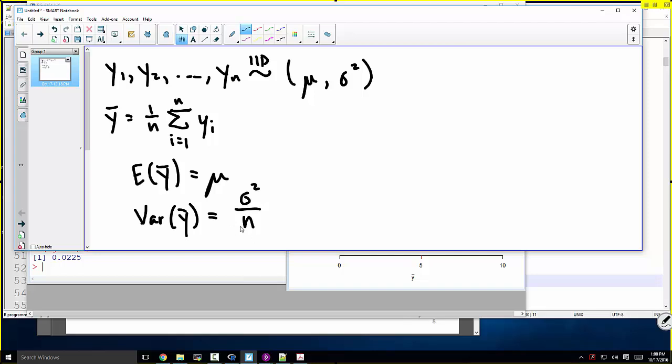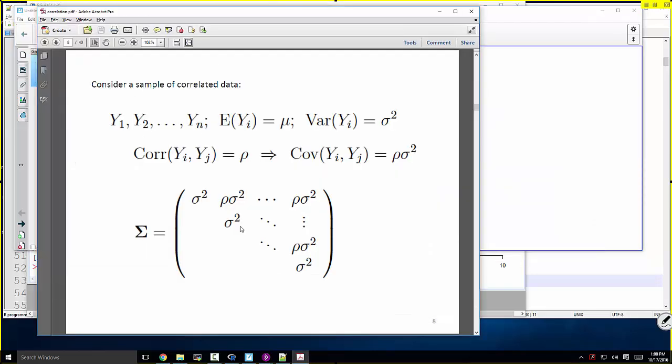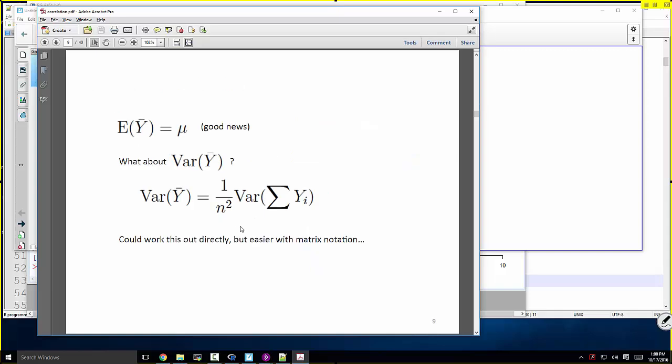If I go back to the notes briefly, I said y bar, what do we know about it? Even with correlation, its expected value is mu. Good news. That means I don't have to worry about how to estimate the mean. I can just use a sample mean. It's the variance where the problem is.